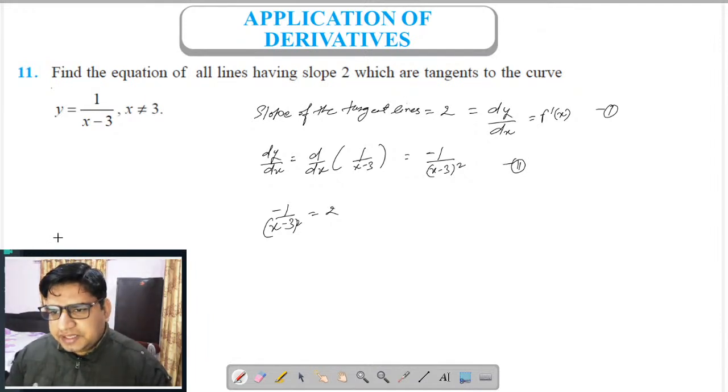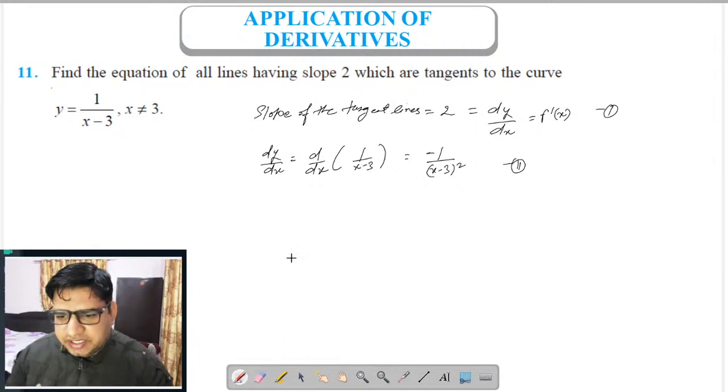If we equate these two equations, we get minus 1 upon (x minus 3) whole square is equal to 2.